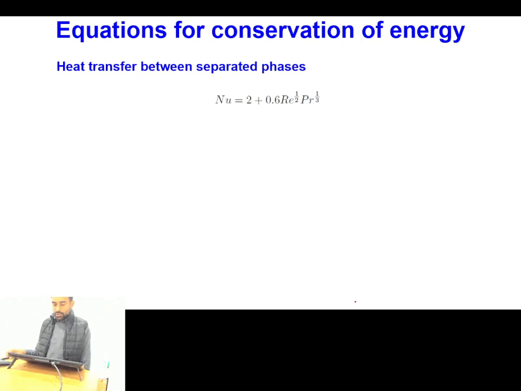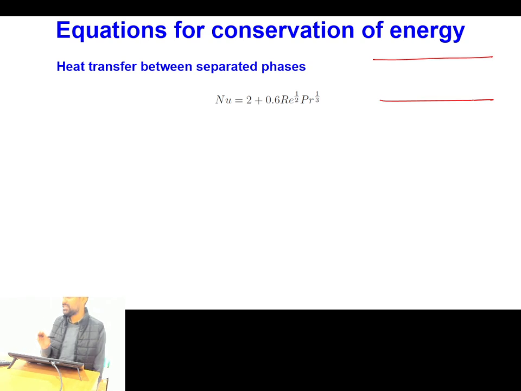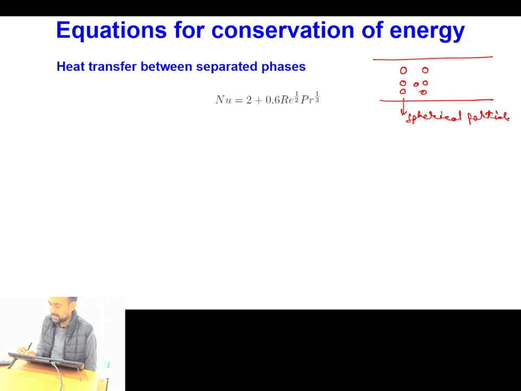Okay. So over here we will try to analyze one situation, and this is very specific. I will consider that I have spherical particles. So the first assumption is spherical particles, and these spherical particles are suspended in the surrounding gaseous phase.